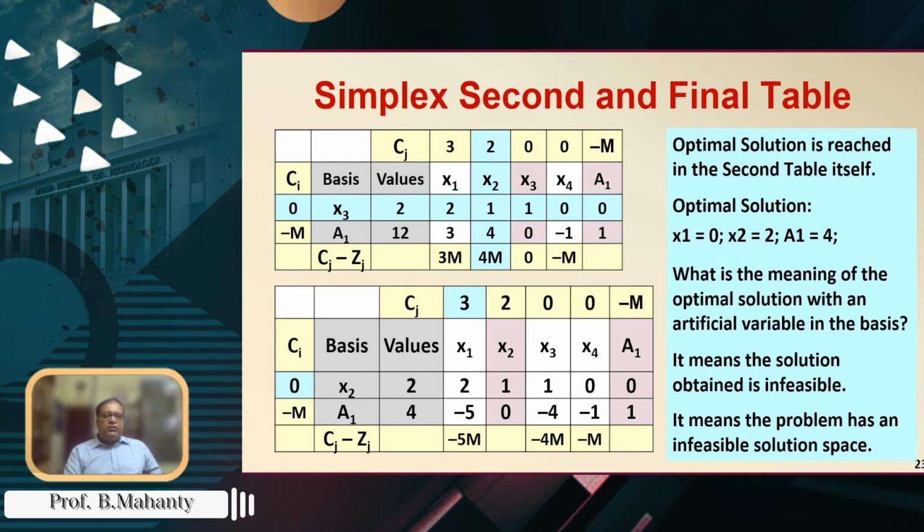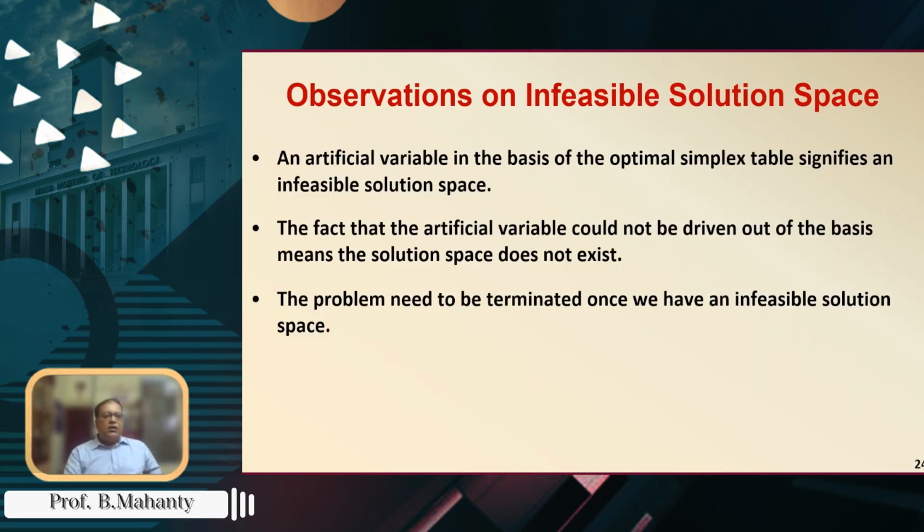So a problem will have an infeasible solution space if we cannot drive out the artificial variable from the basis. This is exactly how to find out that the problem has an infeasible solution space. An artificial variable in the basis of the optimal simplex table signifies an infeasible solution space.